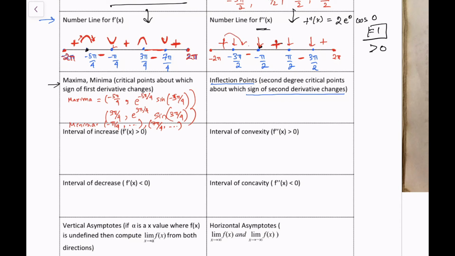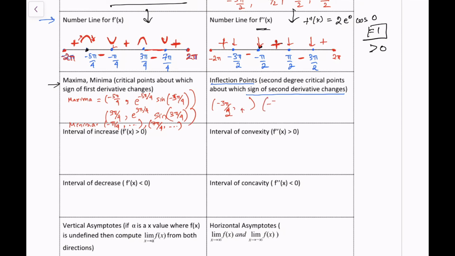It changes from plus to minus, minus to plus, and so on. So each of these, so negative 3 pi by 4, 3 pi by 2, and we have to find the y coordinate, of course, negative pi by 2, positive pi by 2, and positive 3 pi by 2. All of these are inflection points.